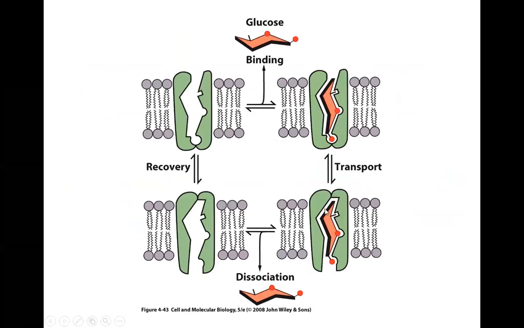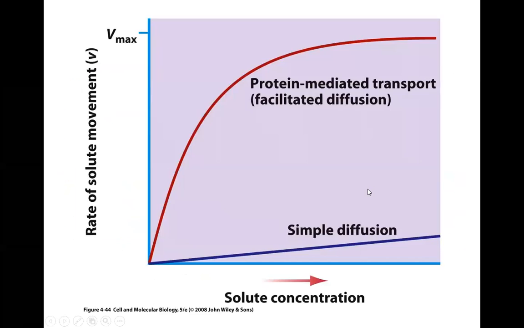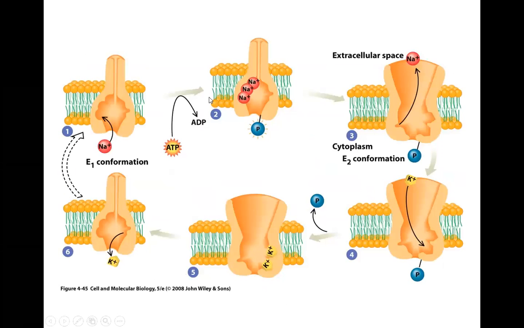I'm going to come back to this later, but I would like to talk about the sodium-potassium ATPase. So why is energy needed for a sodium-potassium ATPase? And what is a sodium-potassium ATPase? Let's come to that first. Sodium-potassium ATPase is an active transporter that moves 3 sodium ions from the inside of the cell to the outside and 2 potassium ions from the outside of the cell to the inside.